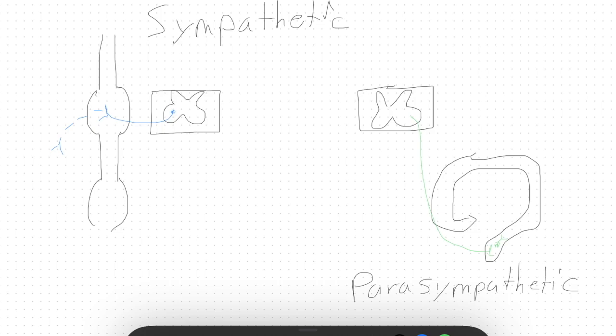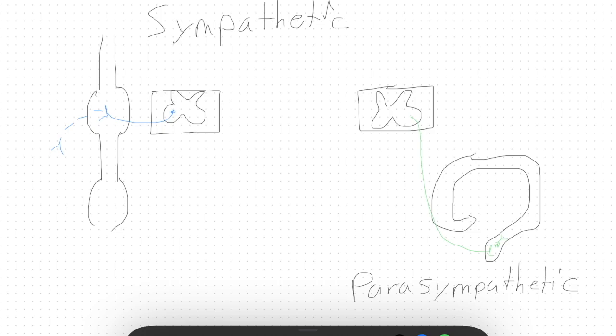The neurotransmitter used again is acetylcholine, which is released from the preganglionic fibers, but different from the sympathetic nervous system, the postganglionic fibers also release acetylcholine.